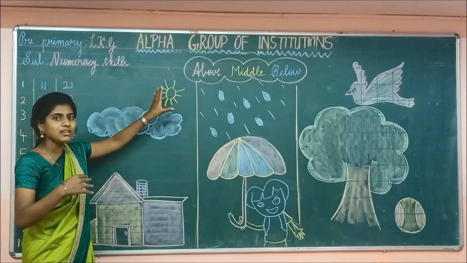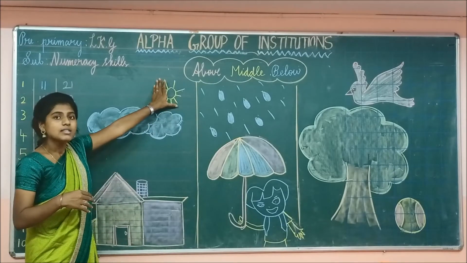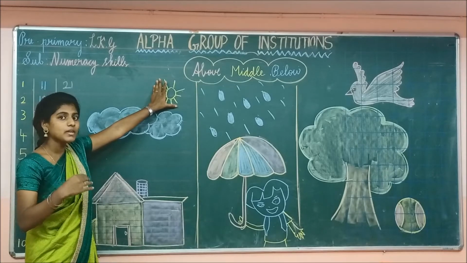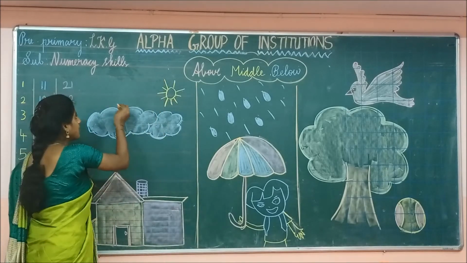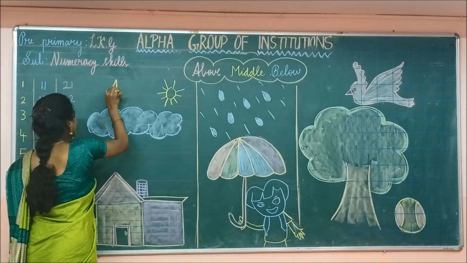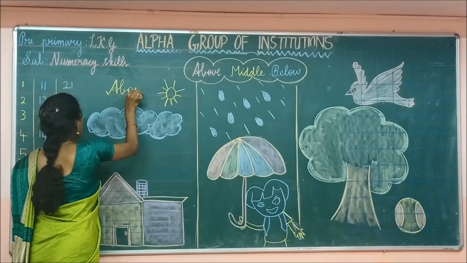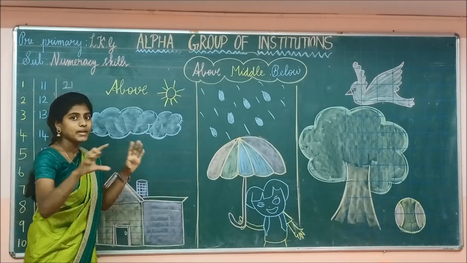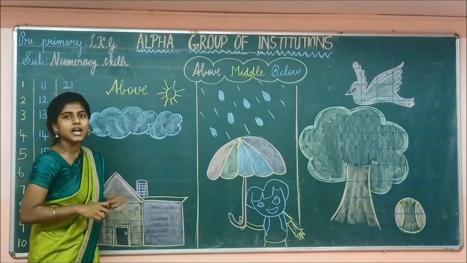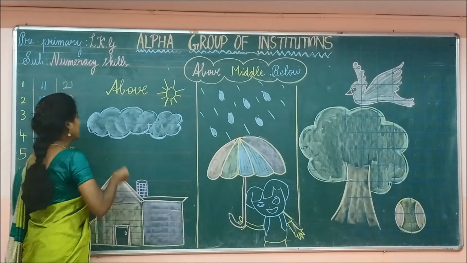Okay, children, shall we tell? The sun is where? Above, middle or below? Above the cloud. Shall we write above? A-B-O-V-E. Above. The clouds are in the middle of the sun and the house. Shall we write middle?